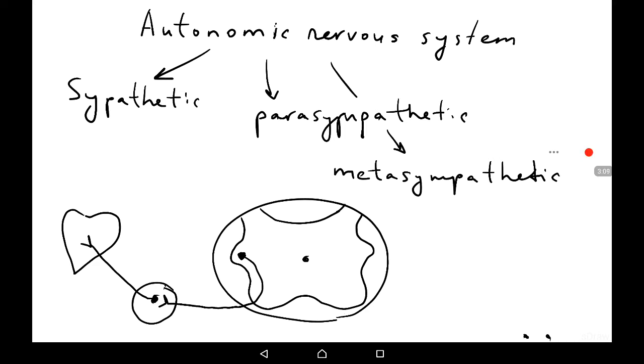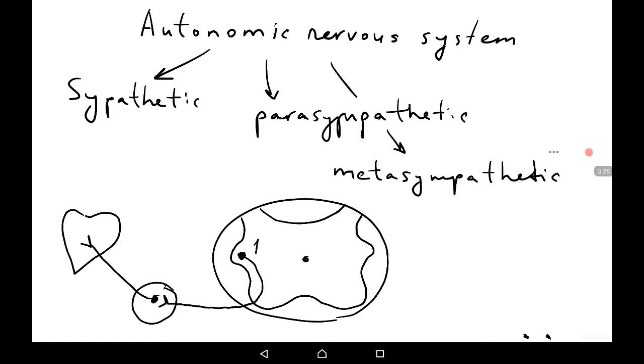So, if in the somatic nervous system we see one efferent neuron, then in the autonomic nervous system we may see two efferent neurons.